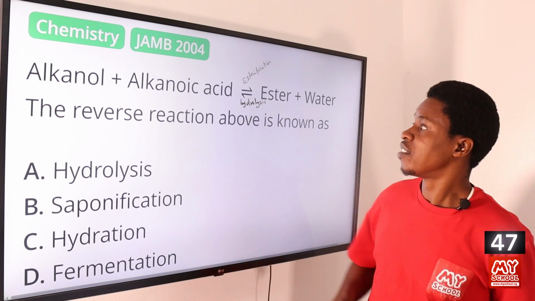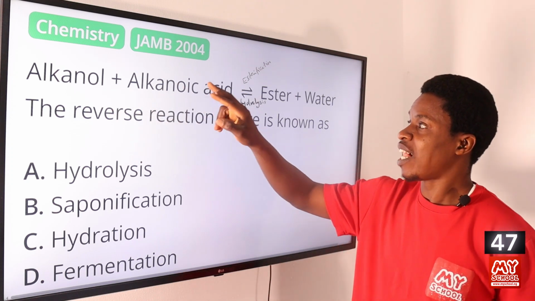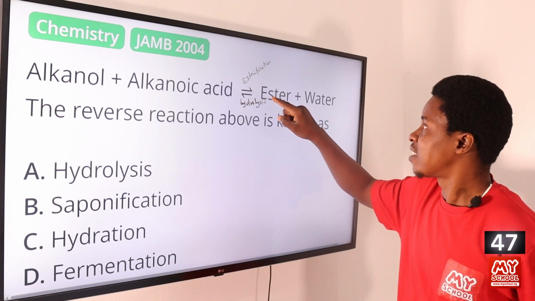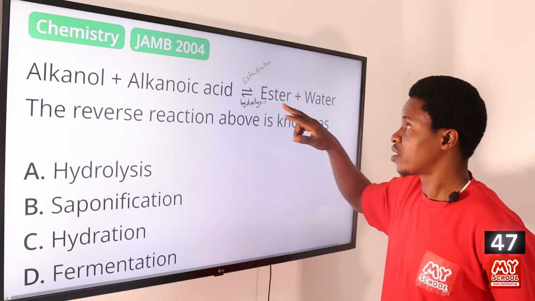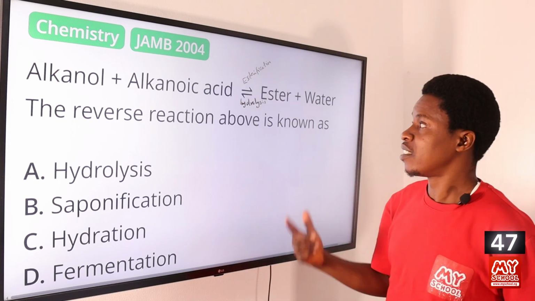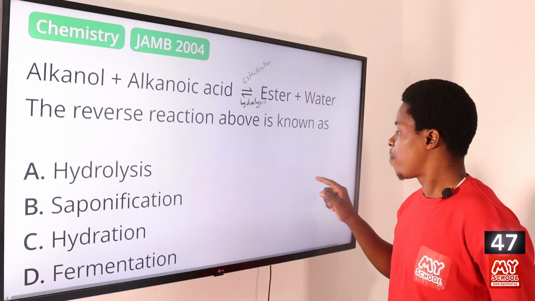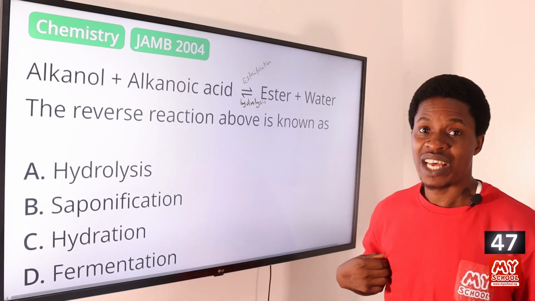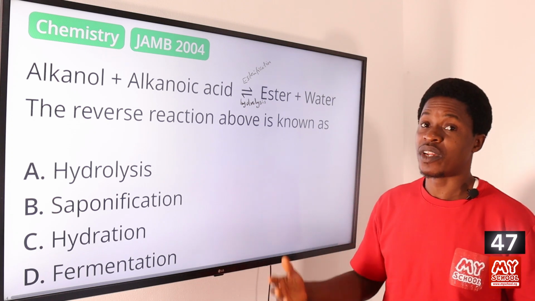So when alkanol reacts with alkanoic acid, that's the forward reaction, to form ester and water as the product, the process is called esterification. On the other hand, when ester reacts with water to form alkanol and alkanoic acid, that reaction is called hydrolysis.